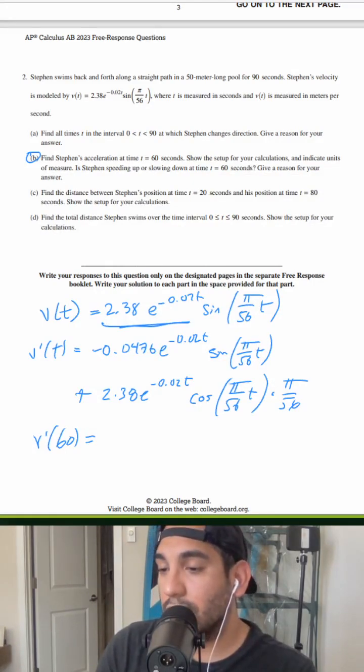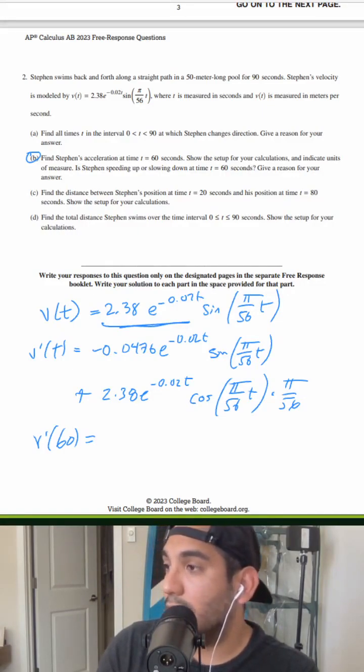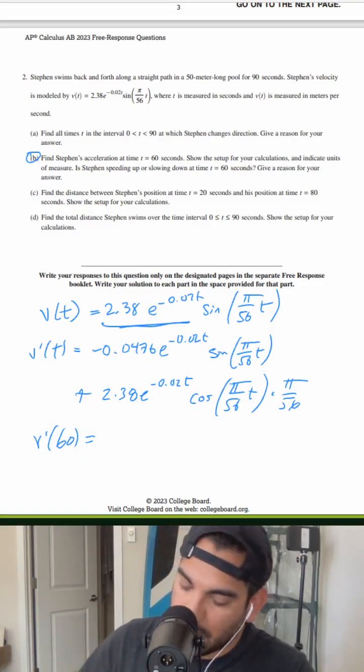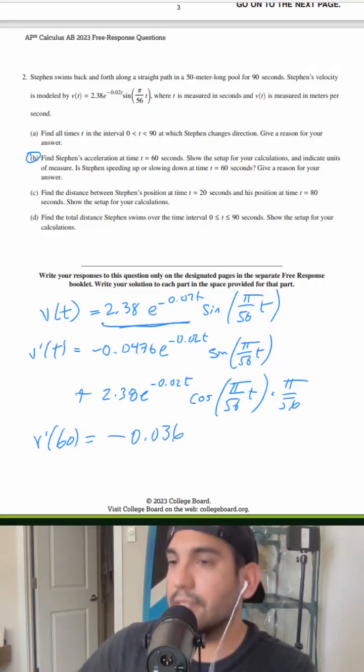Honestly, the hardest part of this whole thing is just making sure that you're plugging in everything correctly. Making sure I don't make any mistakes. And I got negative 0.036.